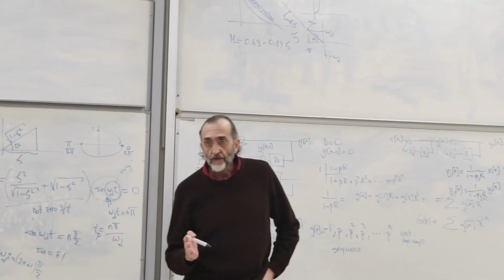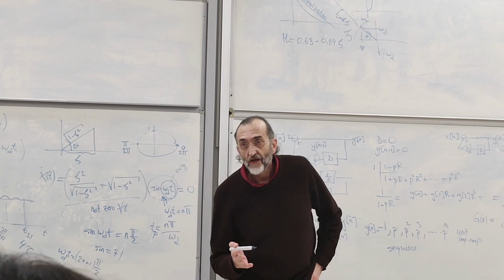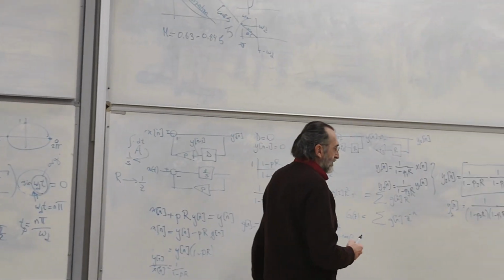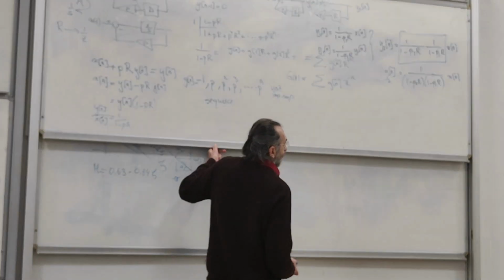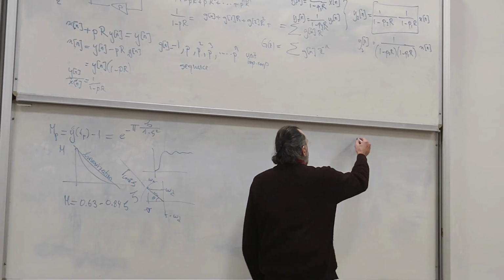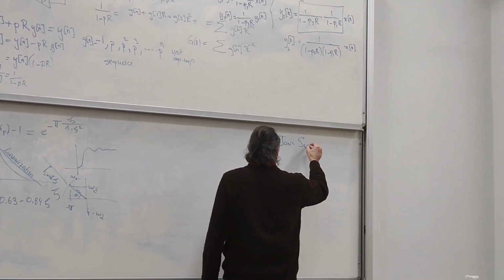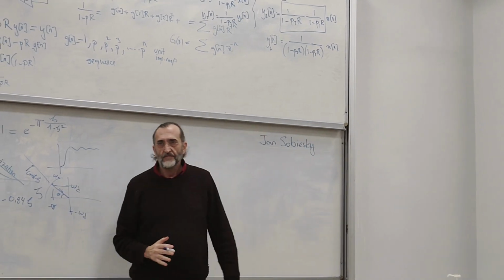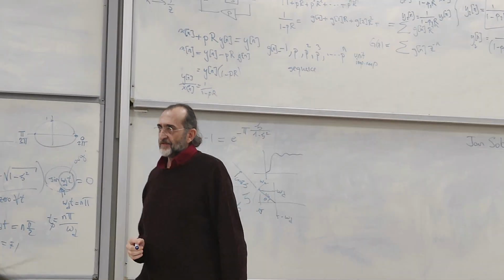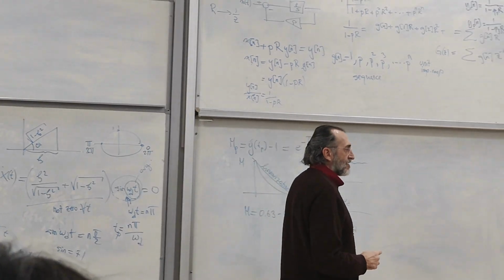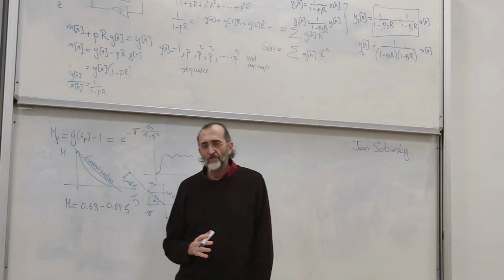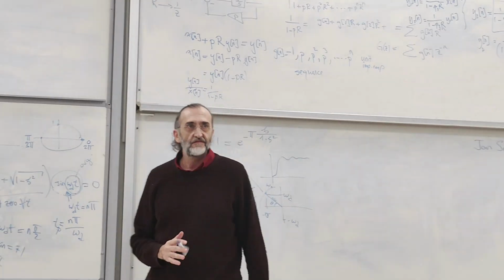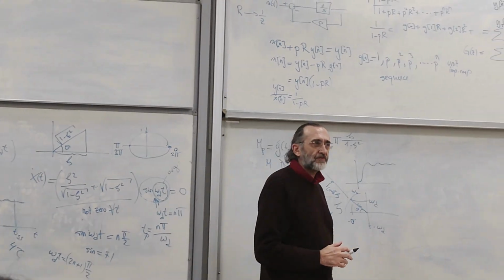How much time? 3 minutes. You can win a battle in 3 minutes. Has anybody heard of Jan Sobieski? Polish general? Kara Mustafa Pasha? Anybody heard of Kara Mustafa Pasha? Merzifon's Kara Mustafa Pasha.